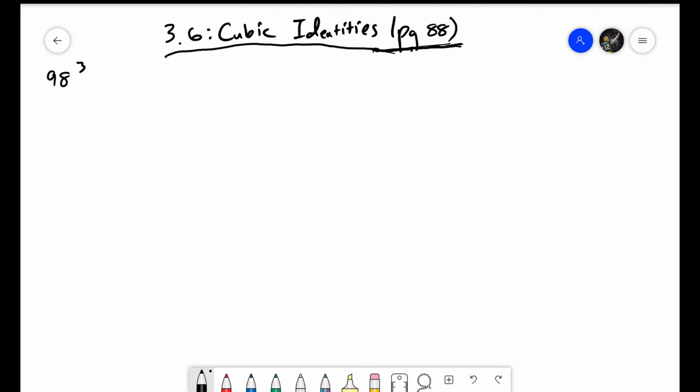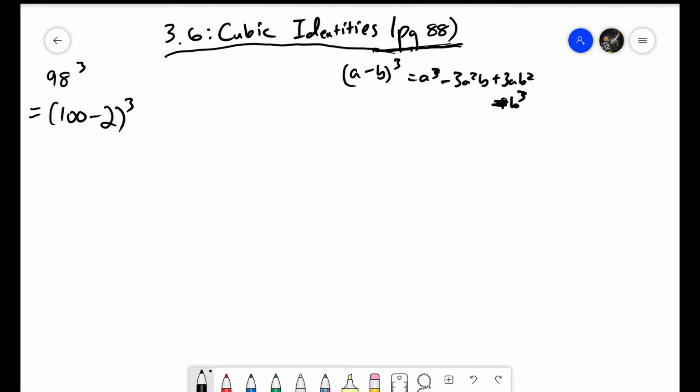Next problem is to find the value of 98 cubed. So to do this, you rewrite 98 as 100 minus 2 cubed. And again, the a minus b cubed identity is equal to a cubed minus 3a squared b plus 3ab squared minus b cubed.